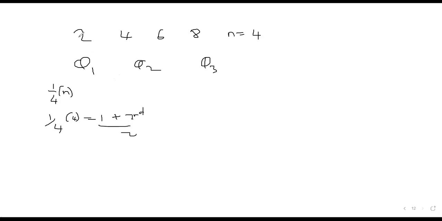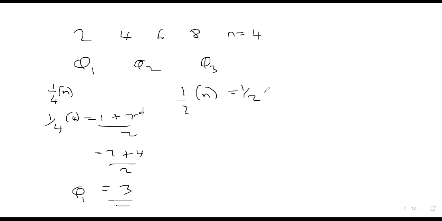So our first number is 2. So 2 plus 4 is what? 6. 6 divided by 2, what do we get? 3. So our first quarter is 3. Then we go to the second quarter. Second quarter is half of n. So half of 4 is 2.